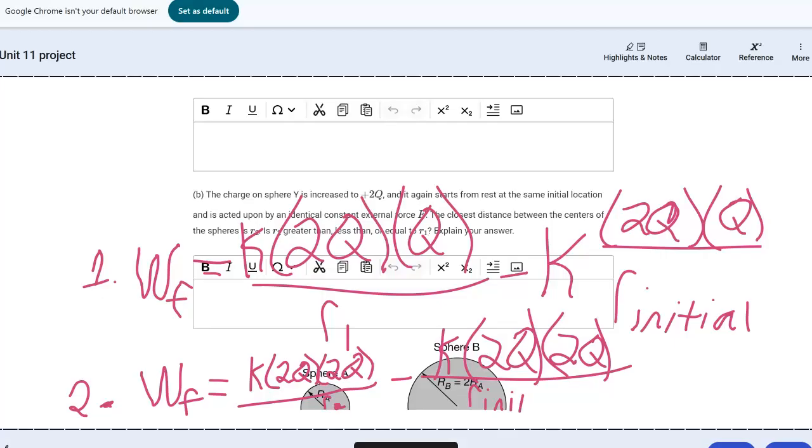And we know they have the same work, so we can compare our radii.